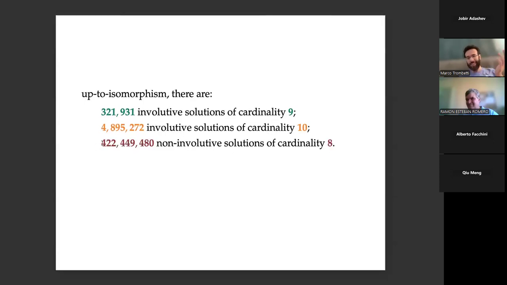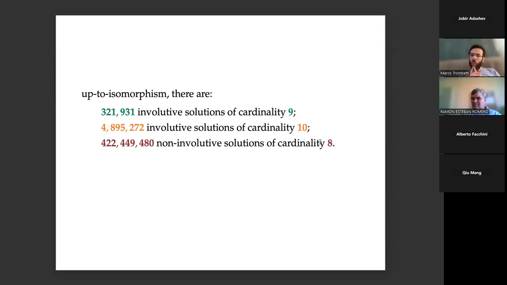And if you also consider the non-involutive ones, you get 400 million solutions of cardinality 8. So it's clear that this problem is not attackable as it is. I mean, you should find some path that will simplify, that will scale the problem.